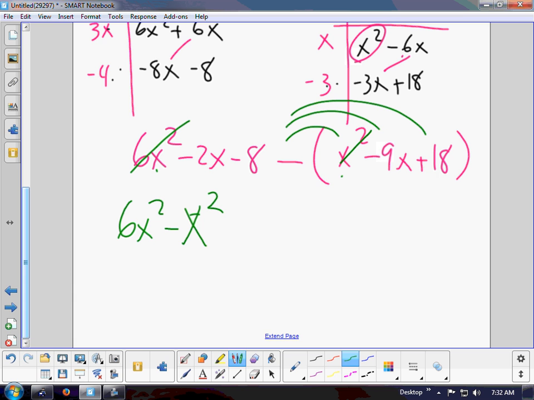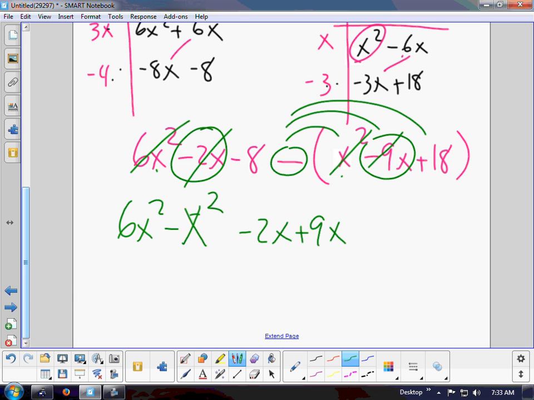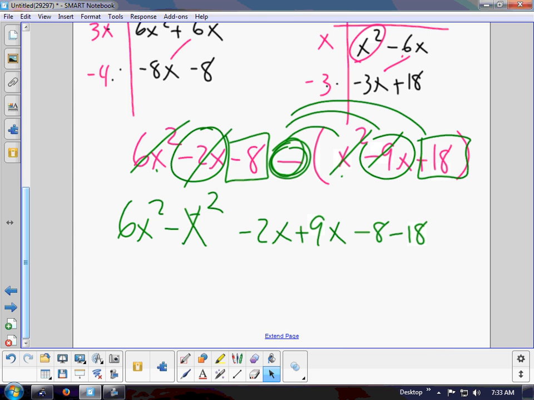Negative 2x minus negative 9x would be plus 9x. And then the last one, negative 8 minus 18.